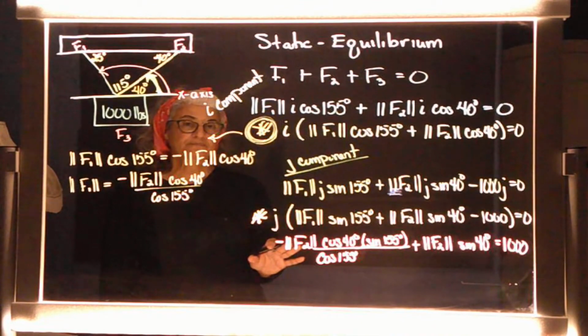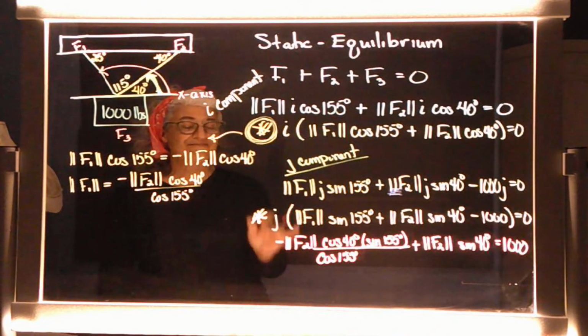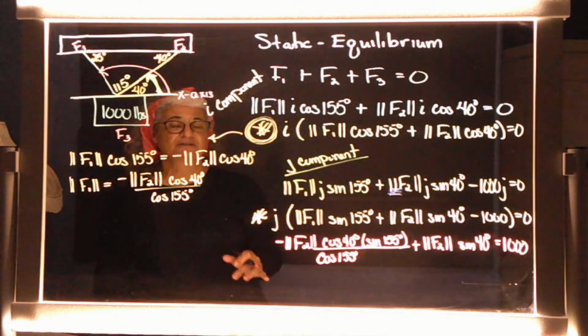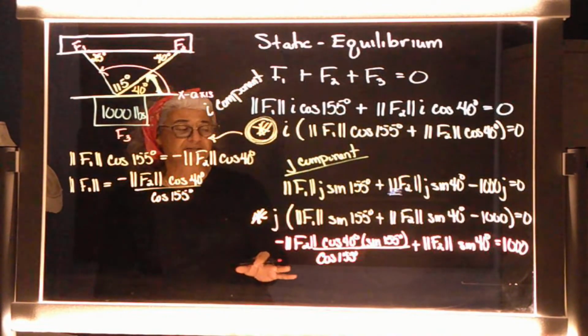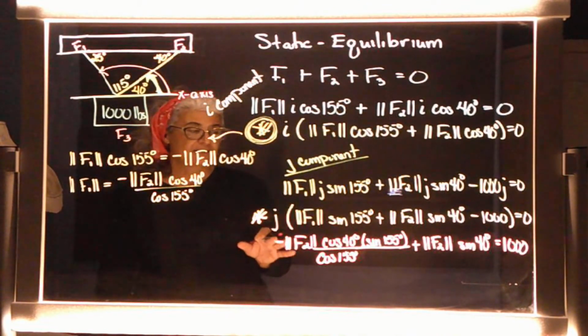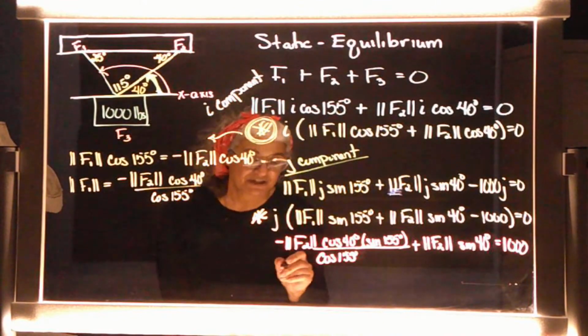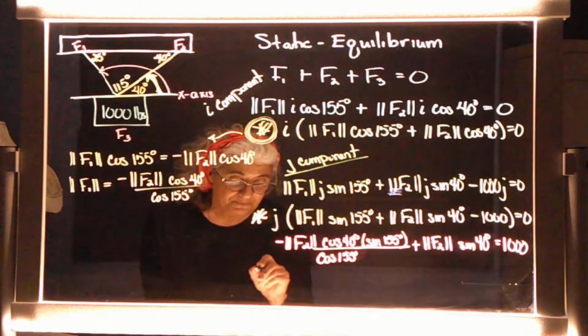Stay with me. This looks really funny, but this is all algebra. Got it? This is all algebra. So I'm going to take out the magnitude of F2. I'm going to isolate it.